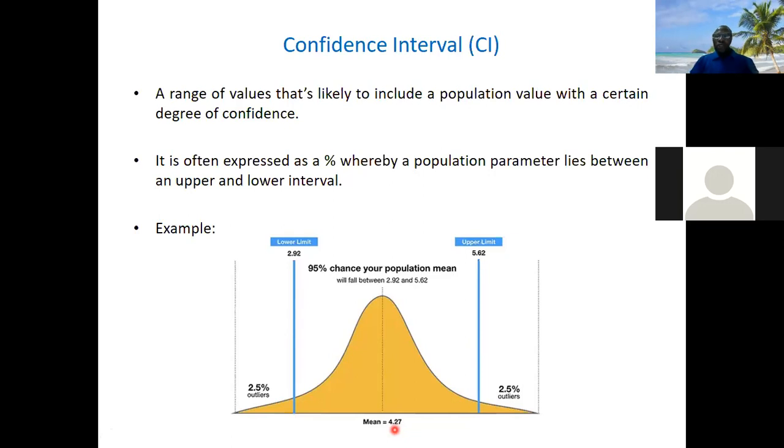To introduce the level of confidence, in this graph it is 95%. You are 95% sure that this range of values contains the population value.